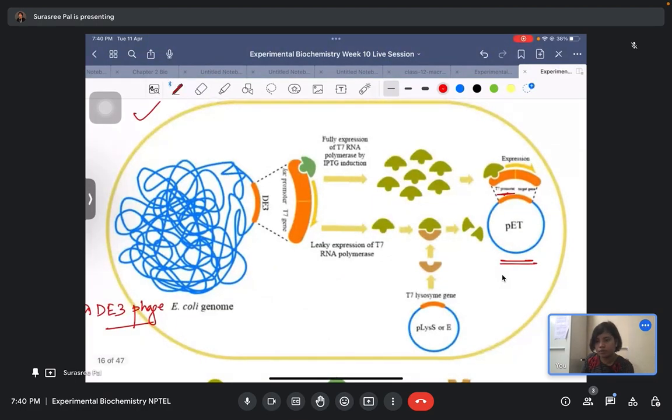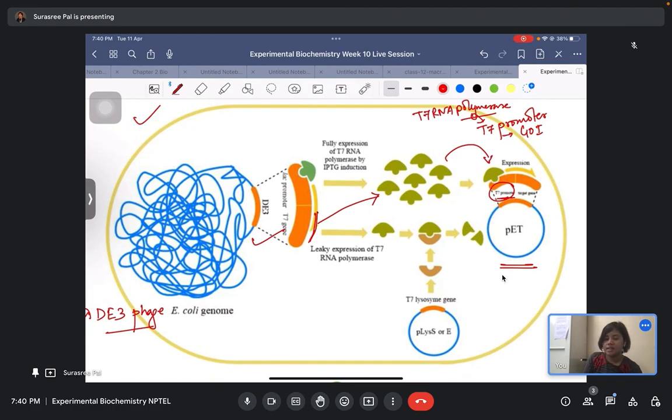The T7 promoter, under which our gene of interest is cloned, can be recognized by T7 RNA polymerase, which is produced by the lysogenic insertion of the DE3 T7 RNA polymerase gene. So this T7 RNA polymerase gene produces this T7 RNA polymerase, which can go and sit on the T7 promoter and express our gene of interest.